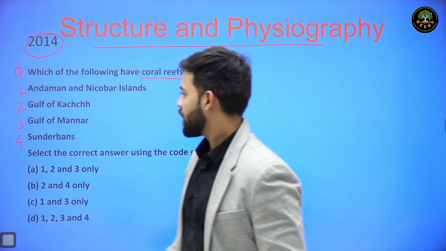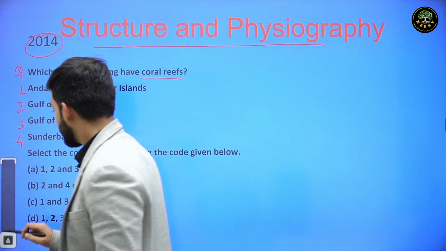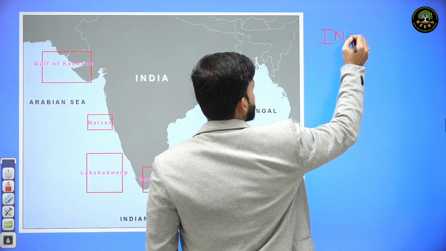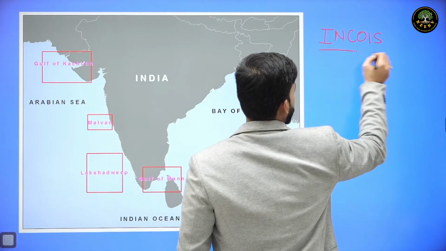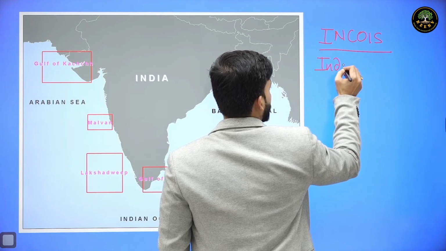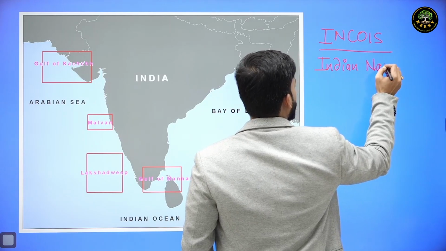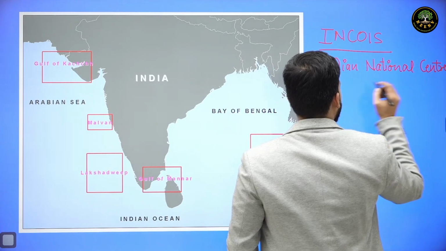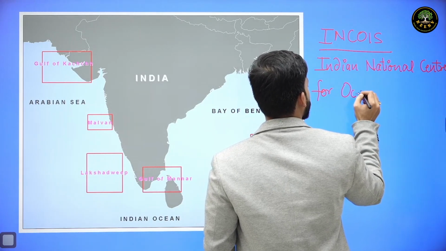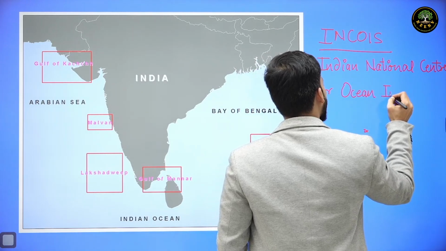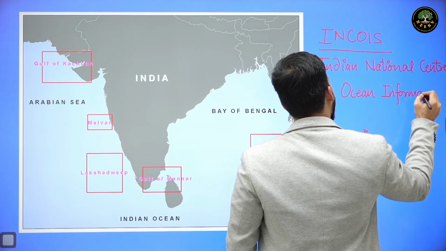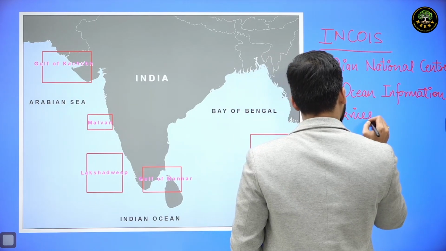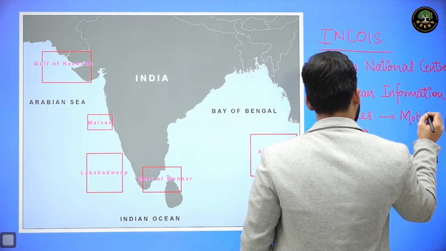Or number 4, Sundarbans. To understand this question, let's see this map which was released by INCOIS, that is Indian National Center for Ocean Information Services, and it is an autonomous body under Ministry of Earth Sciences, MOES.